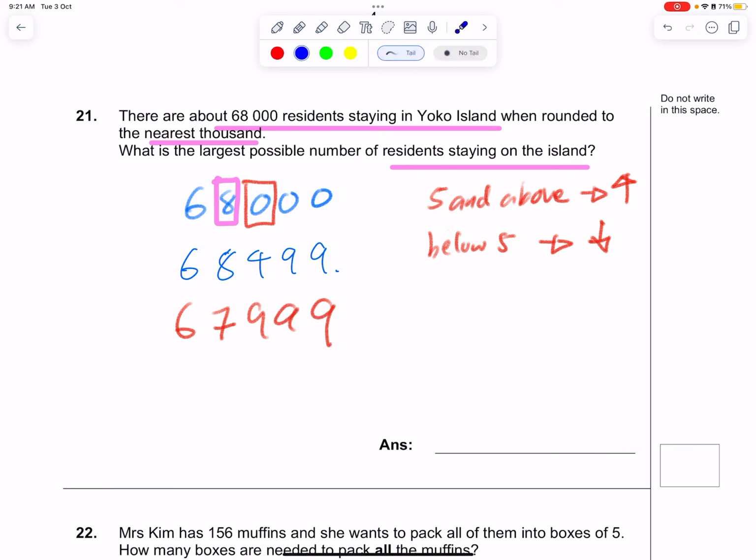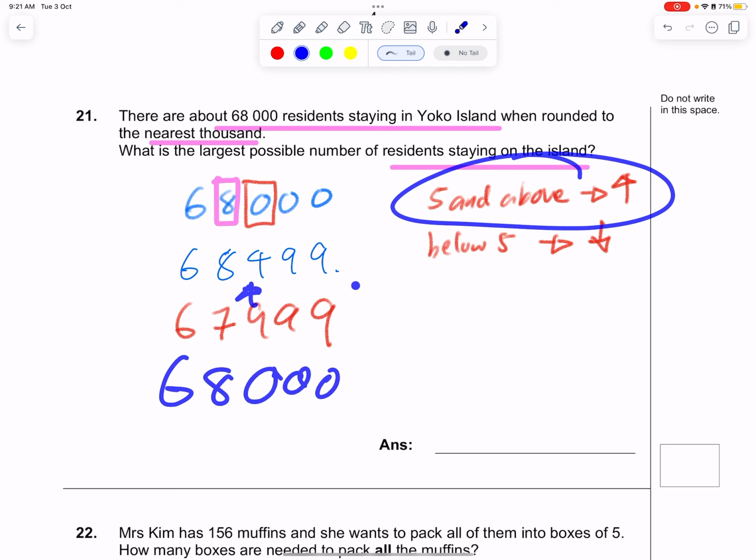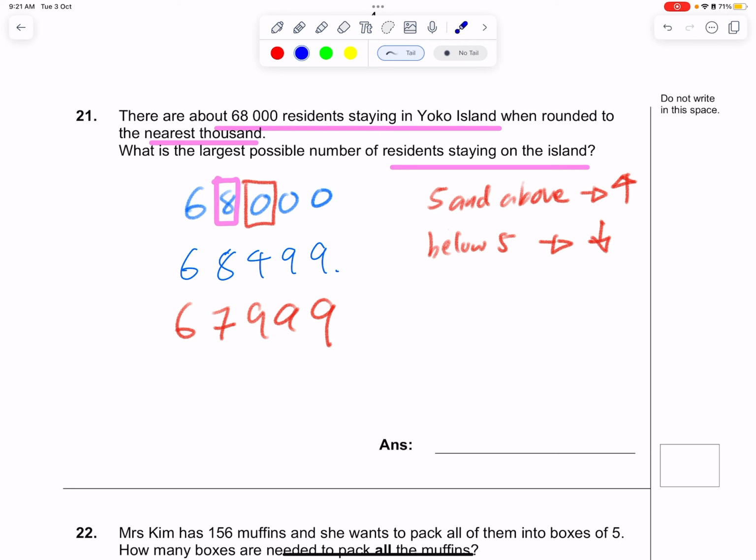So which one is bigger, 67999 or 68499? Obviously this is bigger. So this one, we look at this again. Because it's 5 and above, we will round up and this one becomes 68000. But look, they want the largest possible number of residents. So we should round down instead. So in this case, this one is wrong, this one is correct.